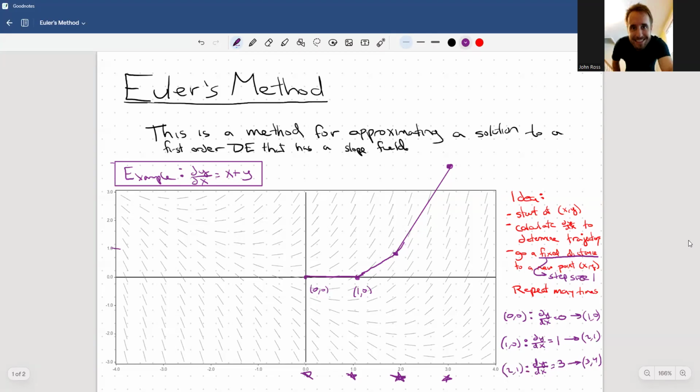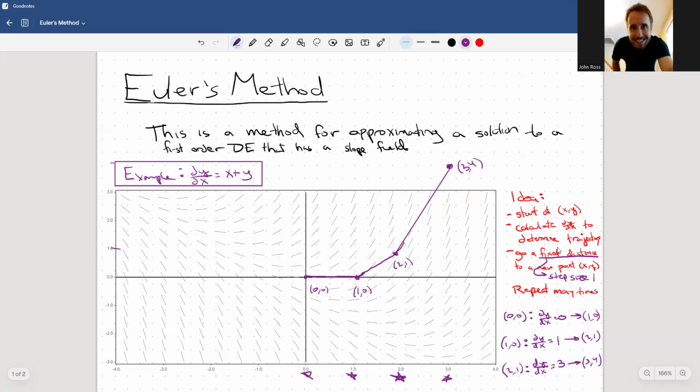Our new trajectory and 1 step forward took us to the point (2, 1). And then our newest trajectory and 1 step forward took us up to the point (3, 4). But you could imagine repeating this as far out as we wanted.